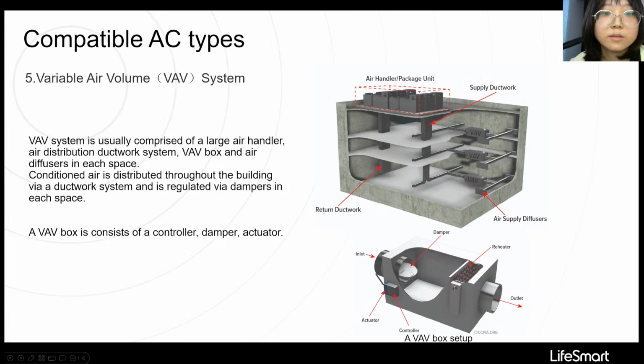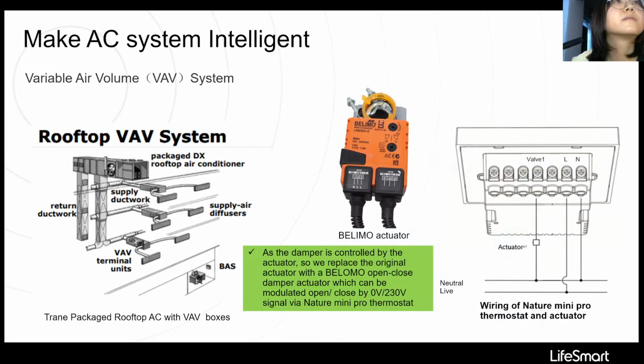So, how can the LifeSmart products control the air volume? By controlling the damper. This case is a typical packaged rooftop AC system with VAV boxes.